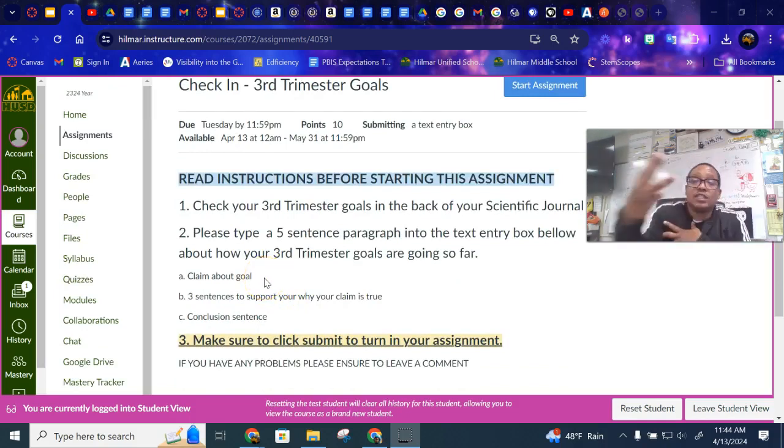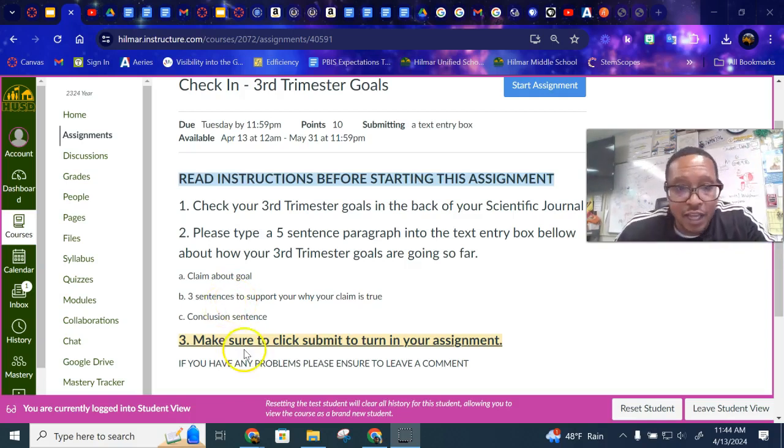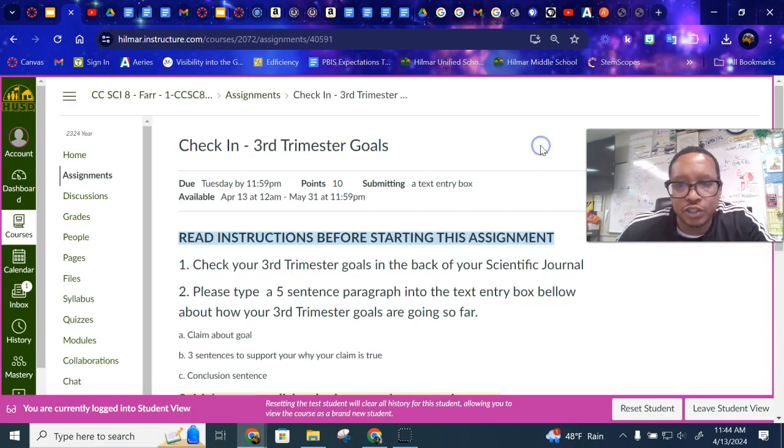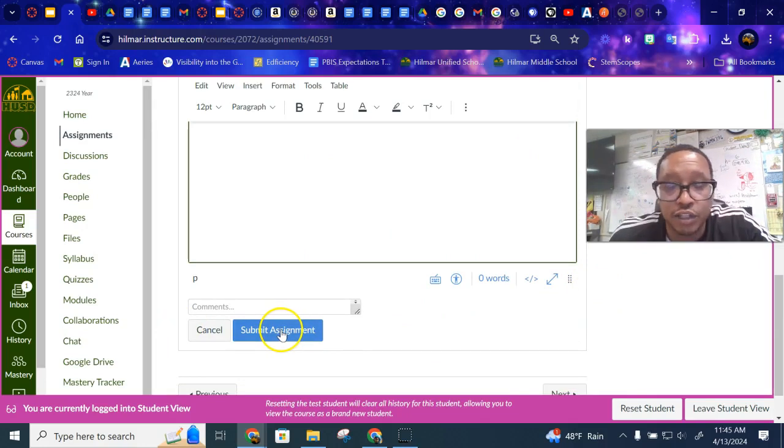Then you need to have 3 sentences that actually support, like, oh, it's going good, and these are the reasons why, right? Conclusion, you should be able to do this. This is just like a reasoning paragraph. And then make sure to click submit and turn in your assignment. So you would click start assignment, type everything out there, get everything good, and then you just come down here and you click submit.